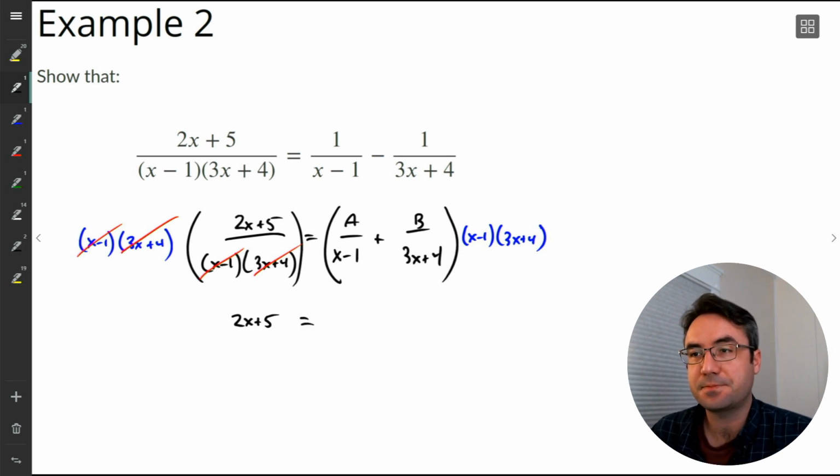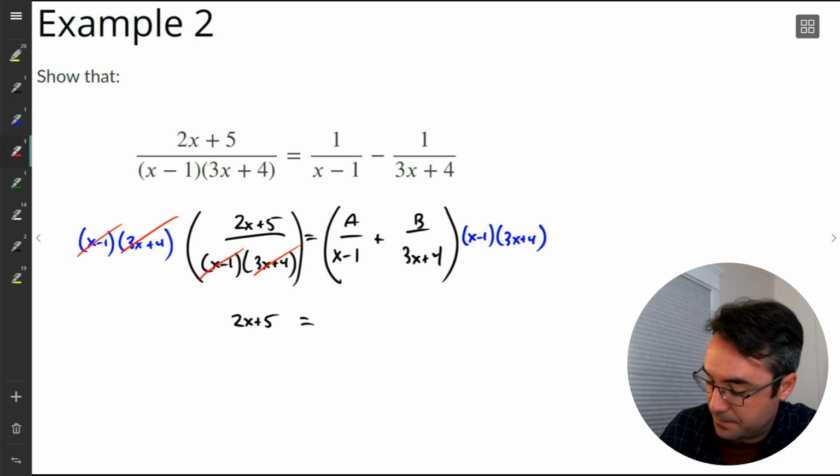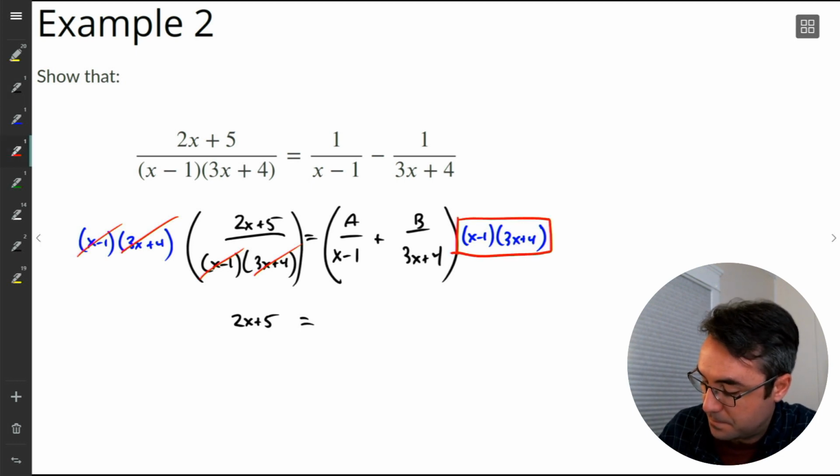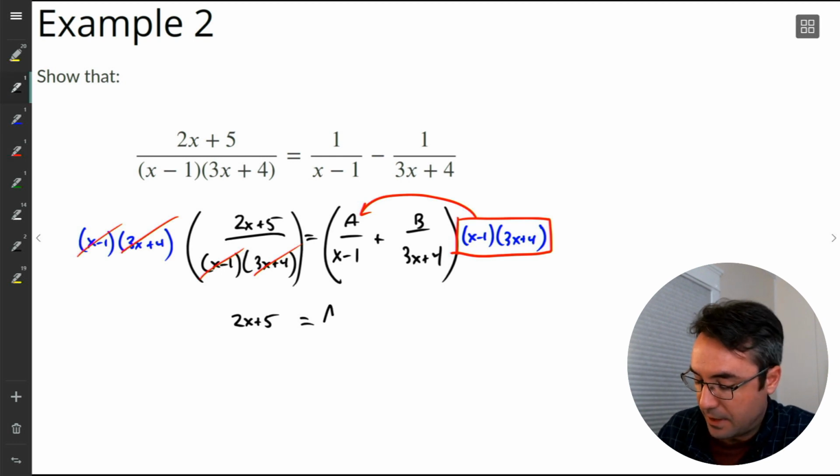Very nice. And then we're going to distribute. We're going to distribute this x minus 1 times 3x plus 4, that whole thing, to the first fraction here. And when we do that, the x minus 1s are going to cancel. So we're going to be left with a times 3x plus 4.